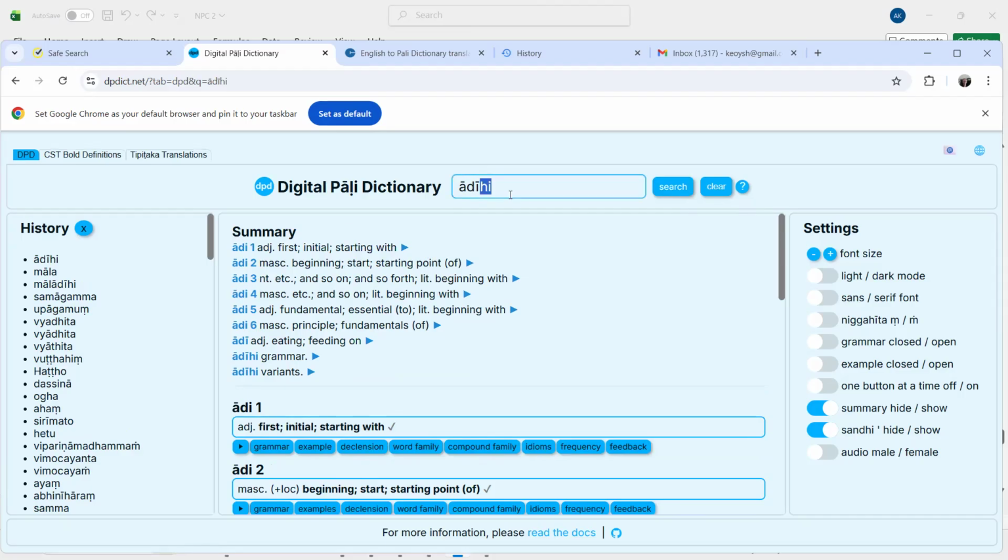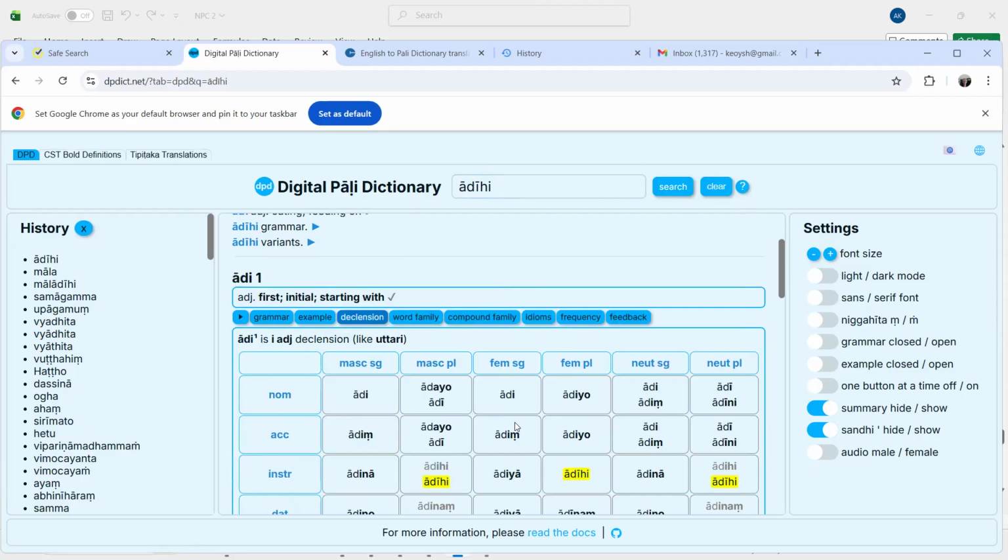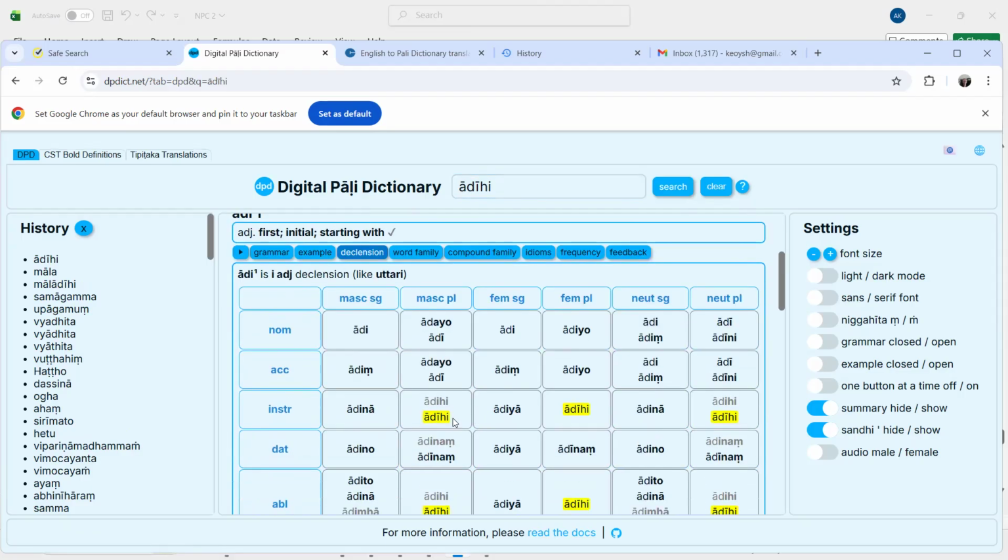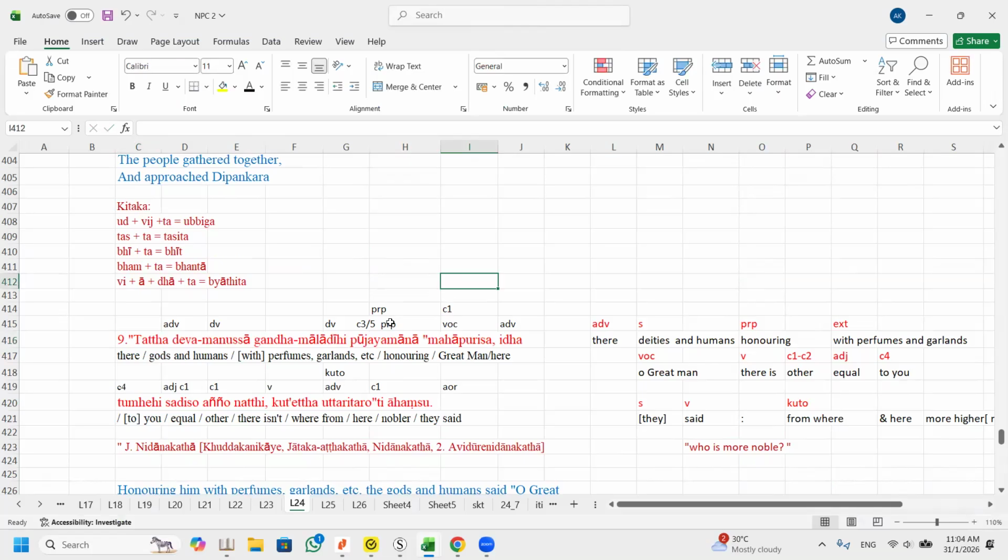If you take Adi and do a declension, you will get 'he', plural. So that means you confirm the word is 'etc'. So this D is etc. Can you see perfume, garland, etc.